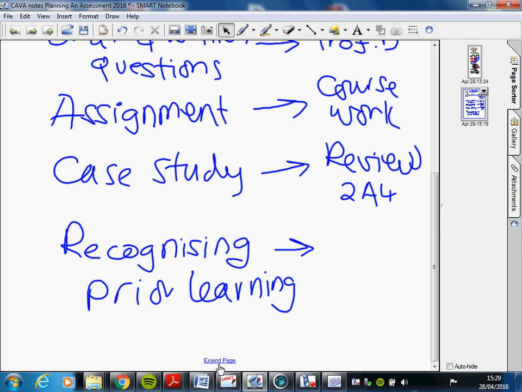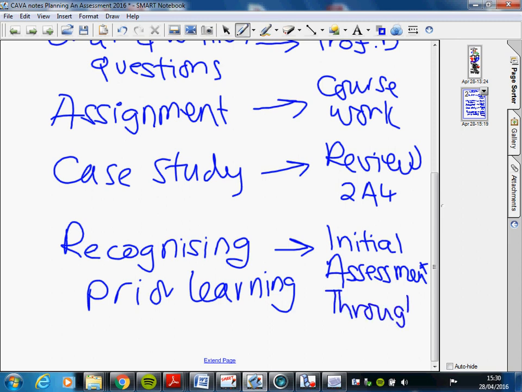So now, how do you devise a system to assess prior learning or recognizing prior learning? It could be initial assessment. Under this initial assessment, there is a set or range of questions, or it could actually be through guided discussion or questioning, really.